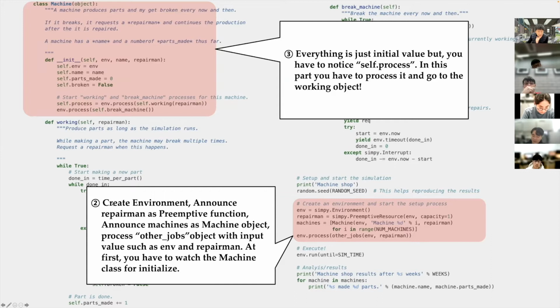And in the second part, we create the environment and also define the repairman as a preemptive resource. And also we create the machines as machine objects. It means that machine is already declared as the class here.